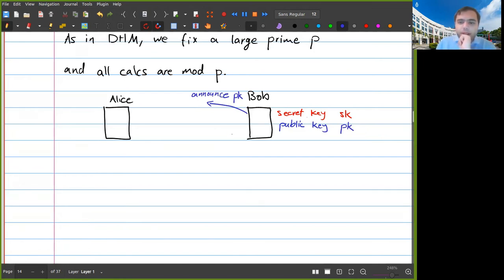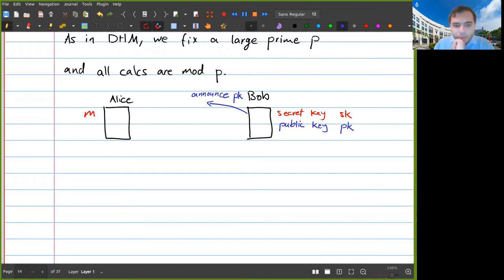And so the idea is that now Bob is offline, but Alice wants to send a message to Bob. She should be able to just use this public key PK to somehow encrypt the message so that only Bob can later on decrypt it when he comes online. So what Alice has is the message, and this message is, of course, something that we want to keep a secret.